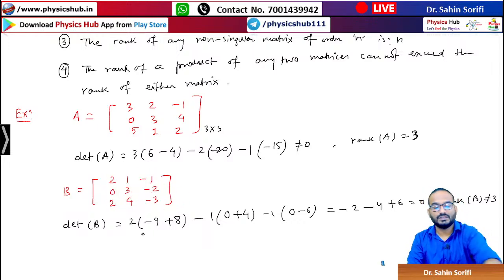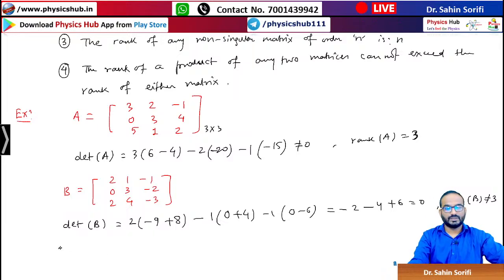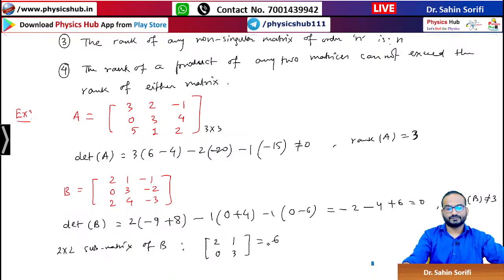If you take any 2 by 2 submatrix of B, let's say 2 1 0 3, the determinant is 6 minus 0, so 6, which is not equal to 0. So the rank of B is 2, because the order here is 2. Understood? Rank.